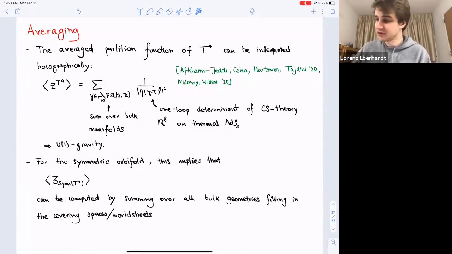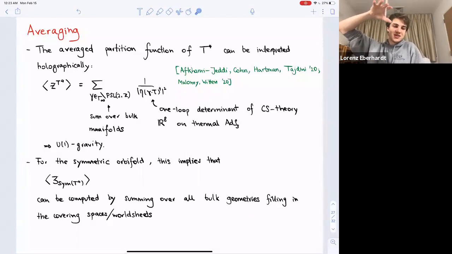The main difference is that you should not sum over bulk geometries that fill in the boundary, but that fill in the covering space of the boundary. So the boundary can be, say, a torus, and the covering space can be a disconnected sum of 2 tori, and now you should fill in that disconnected sum of 2 tori in all possible ways.